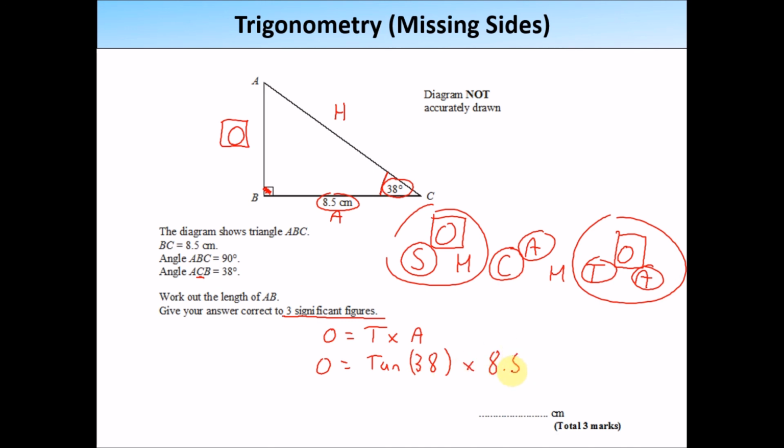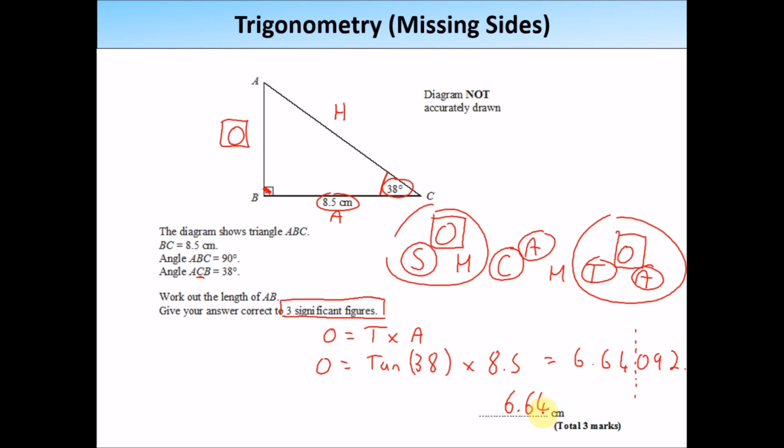So I'm going to my calculator: tan 38, closing my brackets after that, and then times it by 8.5, and that gives me 6.64092, and then it goes on a bit longer after that. Really important, I don't leave it there. Don't forget, the question told me to leave my answer to three significant figures. So, significant figure 1, 2, 3, so it's cutting off in there. That's a 0, which means that stays the same, so it's 6.64 centimetres, and that's that question complete.